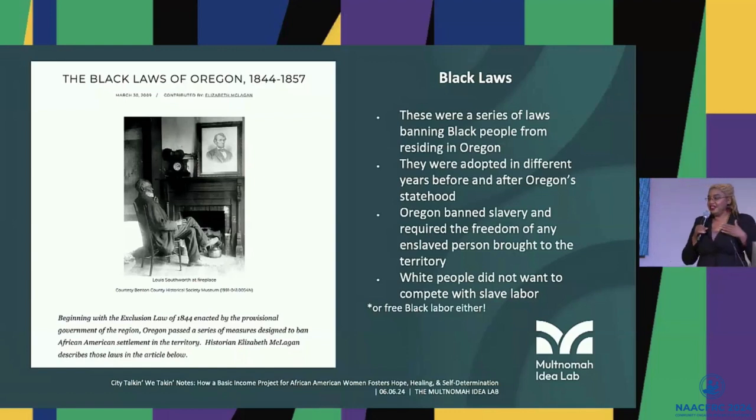So it's anti-slavery and don't come here, please. And there were reasons for that. It was going to be white farming communities, and they did not want to compete with slave labor, but they also didn't want to compete with free Black labor. So just don't come. And as far as we know, Jacob Vanderpool, who he owned, I should go to the next slide.